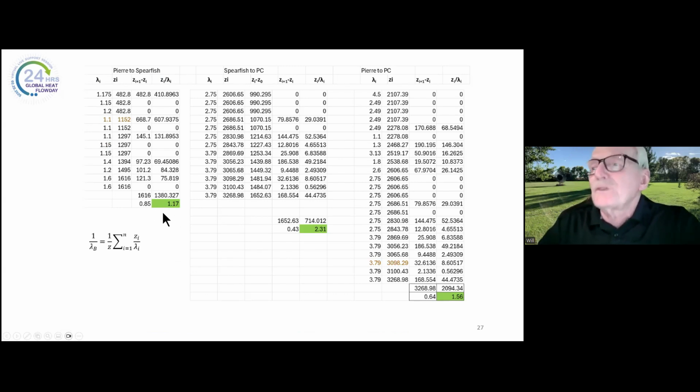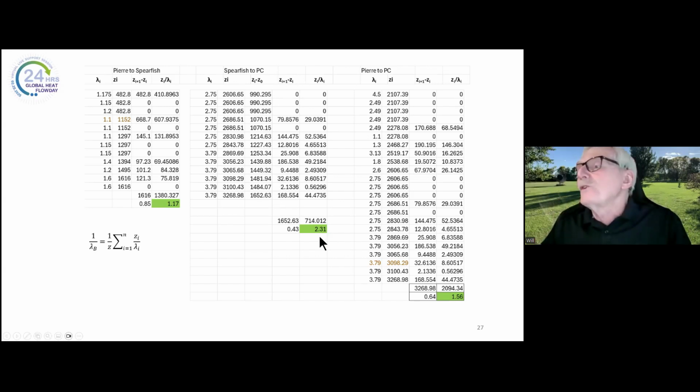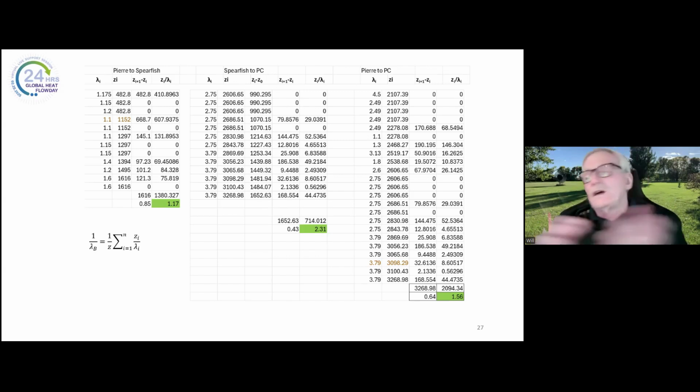That's for this particular well, 1.17 watts per meter per Kelvin. If I go Spearfish to the Precambrian, and again, we're cutting out a lot of the top here, 2.31. But then when I do the entire thing, it goes back to 1.56. Obviously, we're mixing the low conductivity stuff and the high conductivity stuff, and that's what you have at the bottom. And again, notice a lot of those things are missing. They're not always all present.